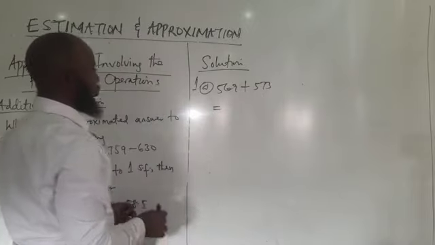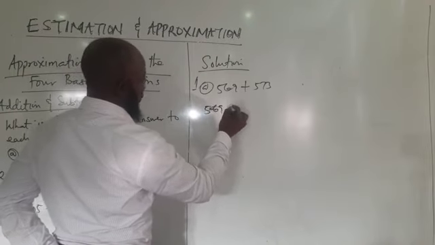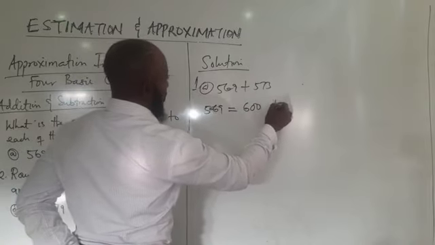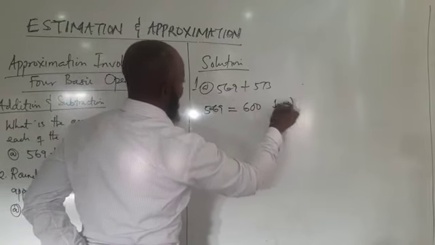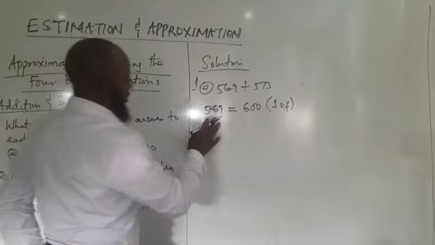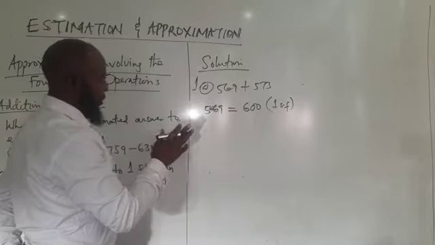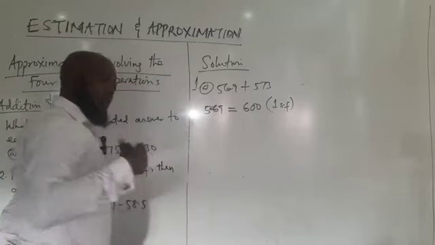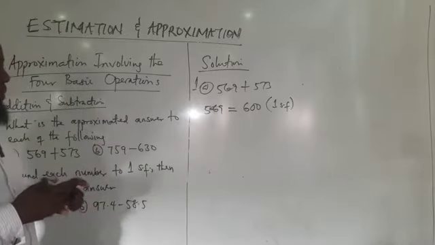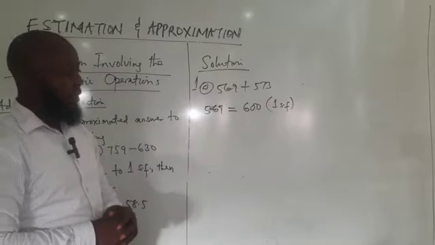So round 569 will be equal to 600 to one significant figure. Just be specific that you have rounded to one significant figure. If you round to two significant figures, just put two significant figures there, so the examiner will know that you have rounded it, because you get different answers. I might round my own to one significant figure, and another person will round his or her own to what?